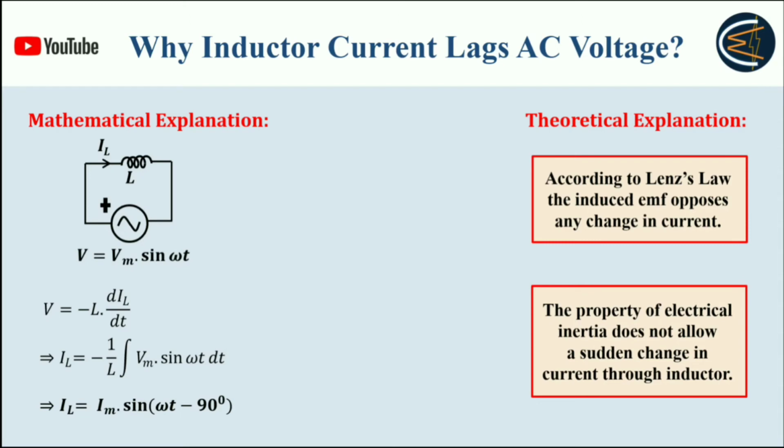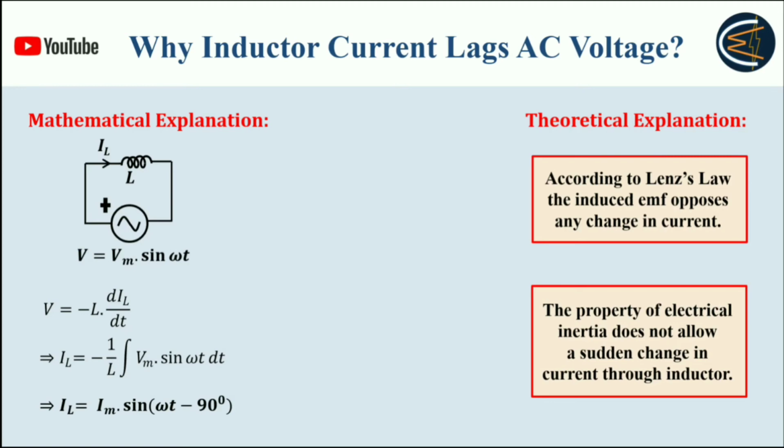So whenever you try to change the current through the inductor, based on dIL/dt, a self-induced EMF is generated around the inductor, and that self-induced EMF will oppose the change in the current.